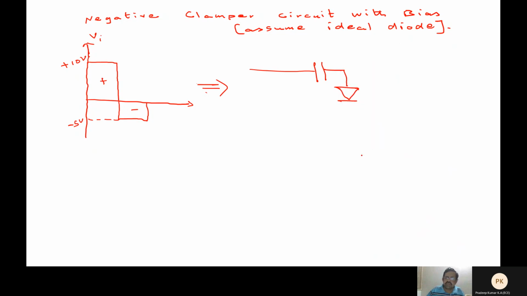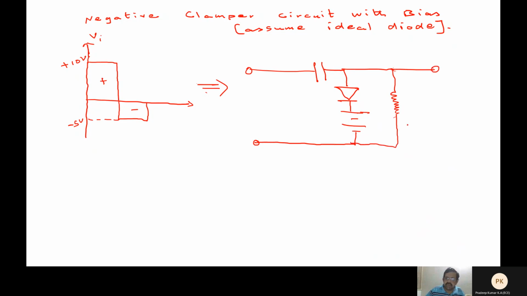That's the only stuff. So the diode is now inverted, which means the cathode is now directly connected. Earlier the anode was connected to the battery. Now the cathode is connected to the battery positive. So this is the only change when we want to design a negative clamper. Otherwise the circuit remains the same.